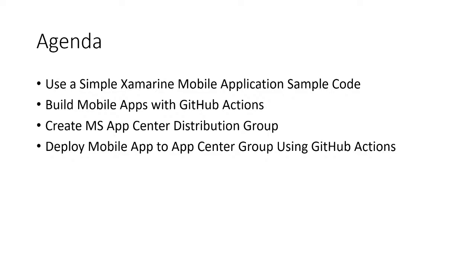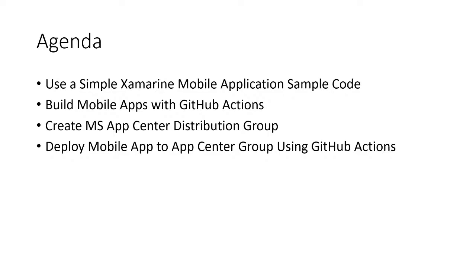Then we can go on and deploy our mobile application into an App Center group, and I will explain how we can utilize it from mobile. So that would give you an overall lifecycle implementation for a CI/CD flow for mobile applications with GitHub Actions.